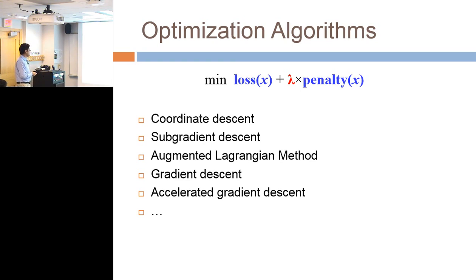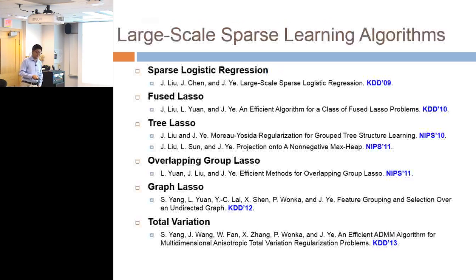Some of the state-of-the-art algorithms include coordinate descent, subgradient descent, the augmented Lagrangian method, gradient descent, and accelerated gradient descent. A lot of them, actually. And our group has contributed significantly in this area. We have proposed many efficient algorithms to solve Lasso-type problems.